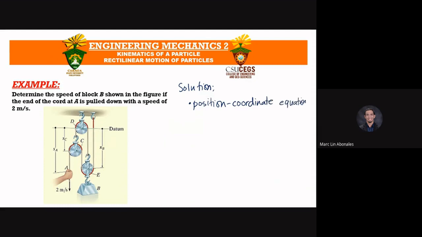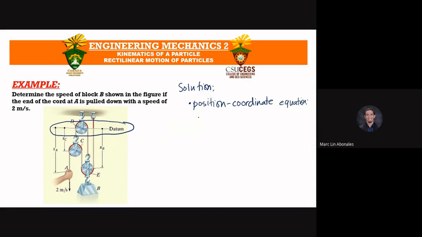And we also have a datum in this problem, which is shown here above. So going downward is the distance of our points or the blocks. These are SB, SC, and SA.